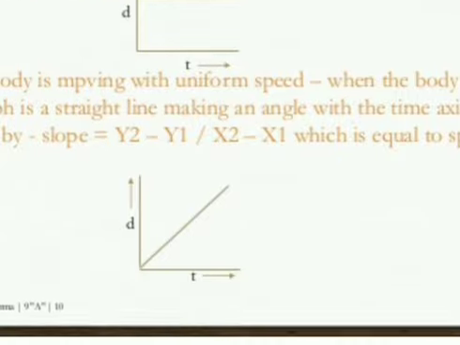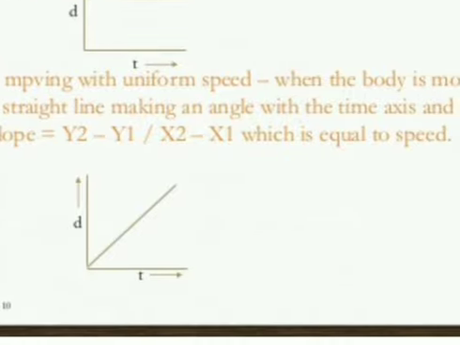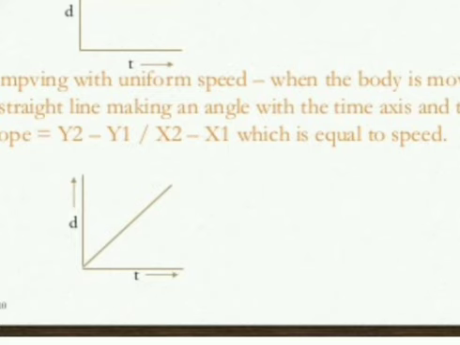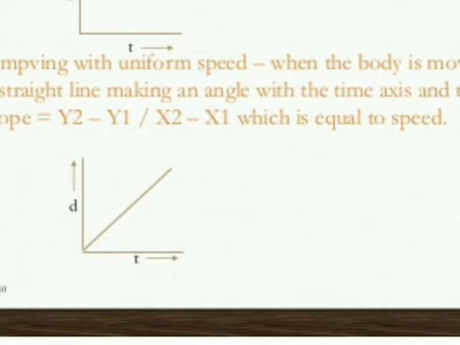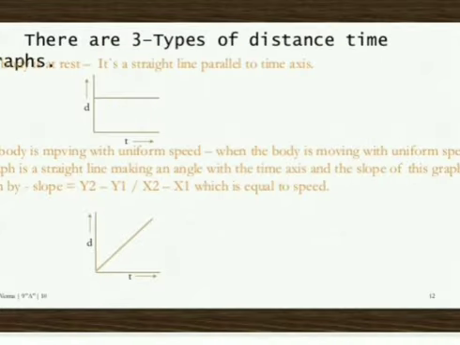In another, you can see there is a uniform change between distance and time, and it will give a straight line which shows uniform motion, which indicates that the body travels equal distance in equal intervals of time, which will give us the speed.